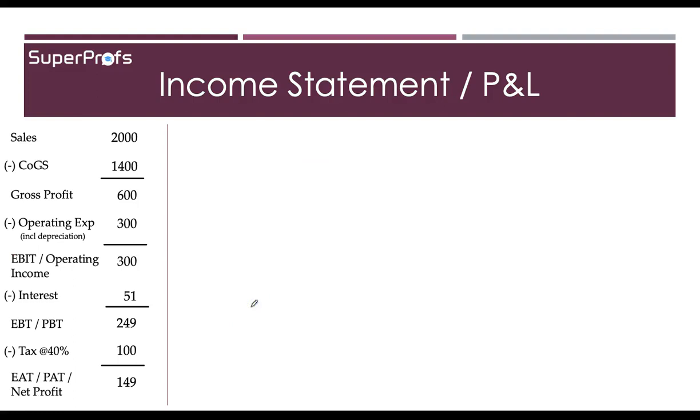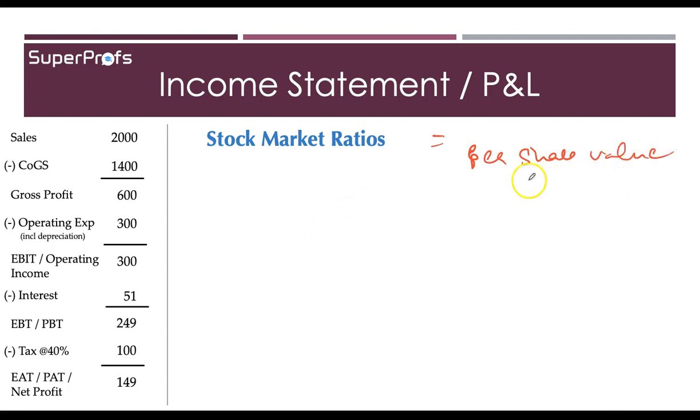All right, so the next part is stock market ratios. Now these ratios have to do with the per share value, and this share value is of three kinds. First of all, it is the face value. Now, what is face value?